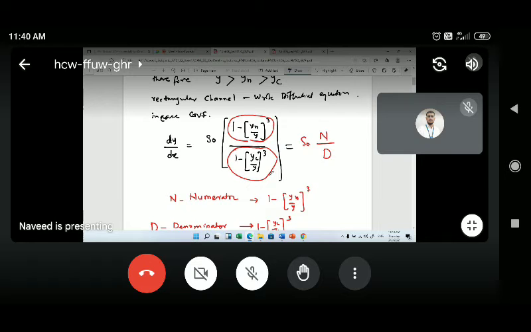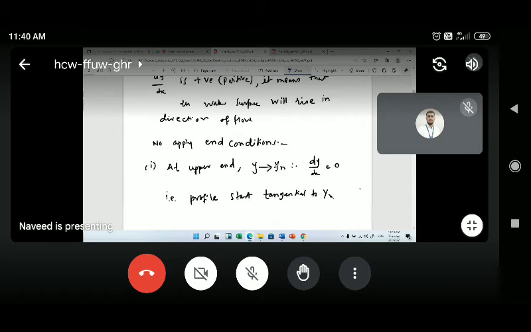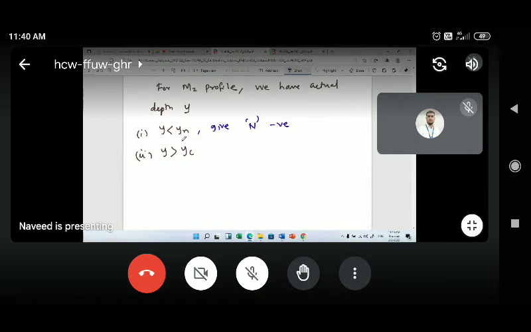So we denoted this as the denominator and the upper term as the numerator. So here y is less than yn, the actual depth is less than the depth of flow, so it will give a negative value. The numerator will be negative, but in the bottom, y is greater than yc, it gives the denominator as a positive value.